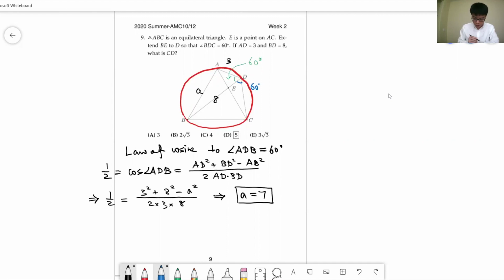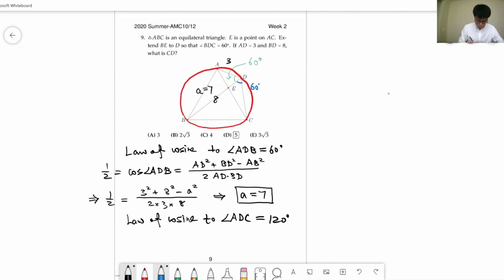So once we get A equals 7, we can solve the length CD. Again, we can use the law of cosines for angle ADC. We know angle ADC is 60 plus 60, 120.